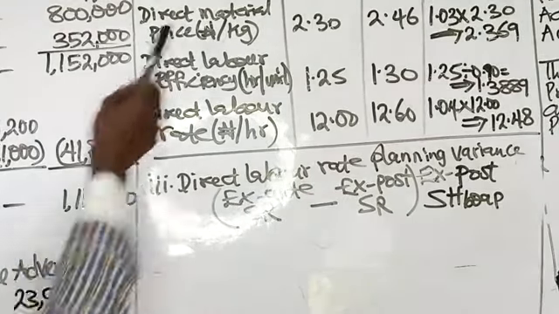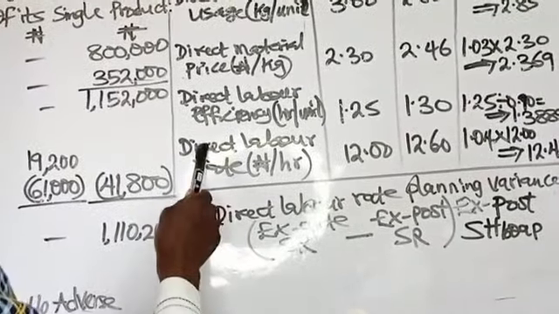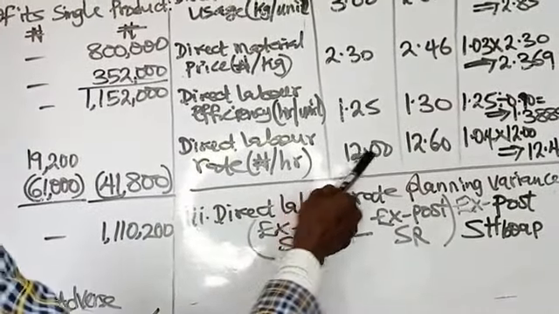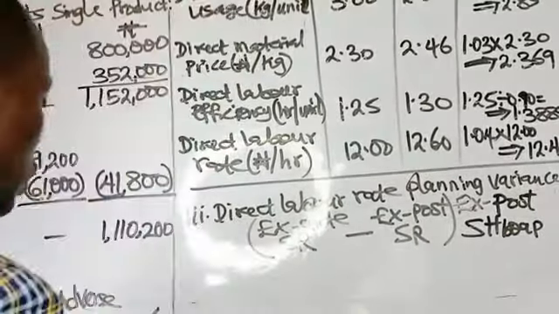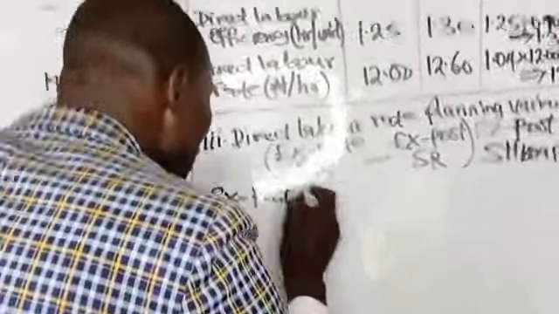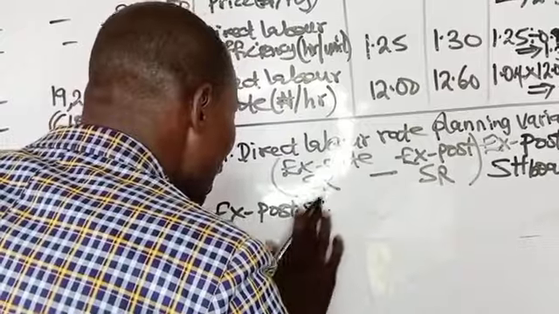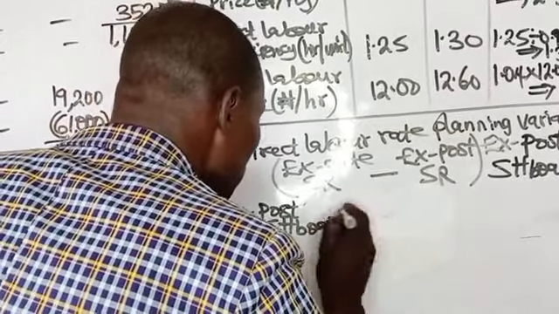Back to this table. This is the standard rate. This is S and T, and this is S post. Then we are left with S post standard hour based on actual production. What is S post standard hour?